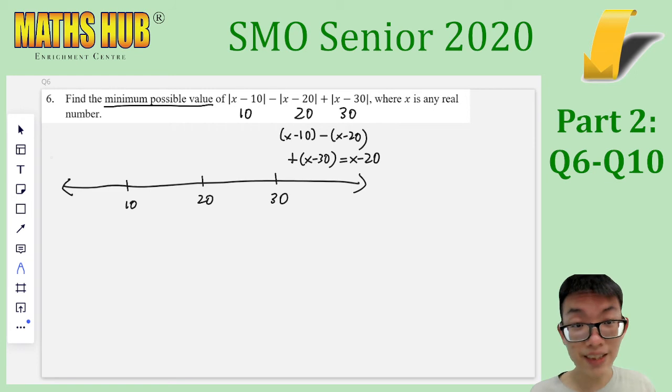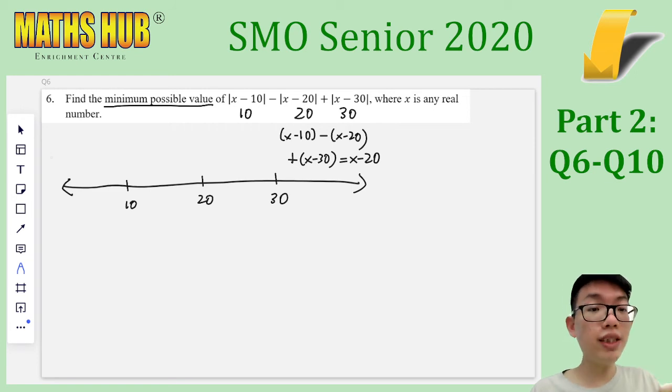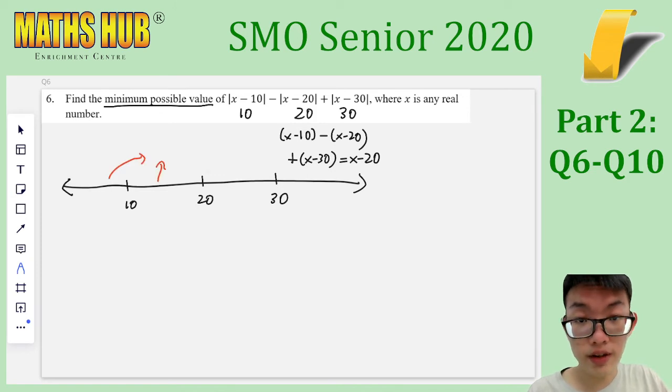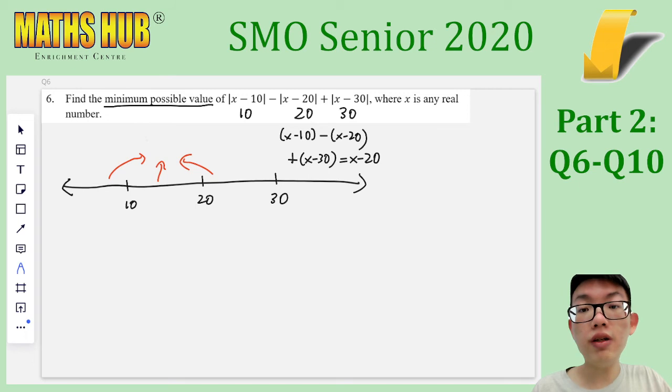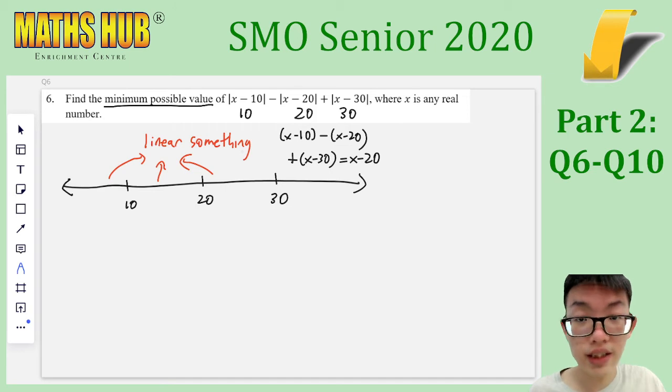That is certainly acceptable, but we can notice something else to save us a bit of time. All of these 3 intervals, and the 4th one as well, will be all some linear something, and whether it be increasing, decreasing, we just know that it is linear.